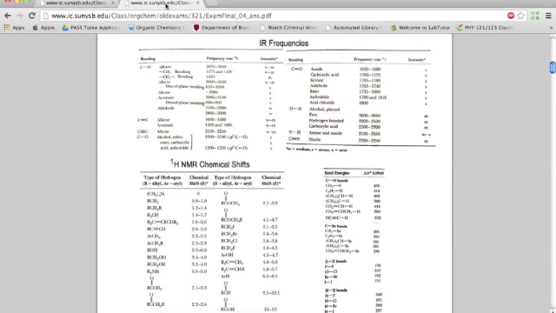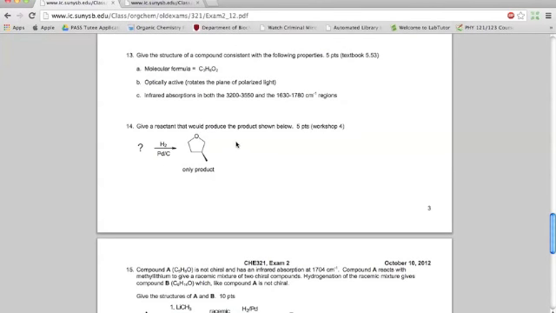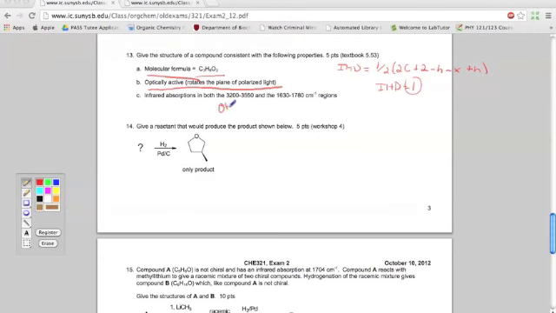So let's look at what those are. 3320 is an OH bond, and 1630 is a C double bond O. So you know you are going to have an OH, so an alcohol, and a carbonyl in the molecule.